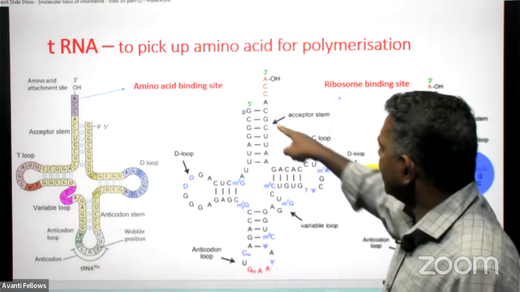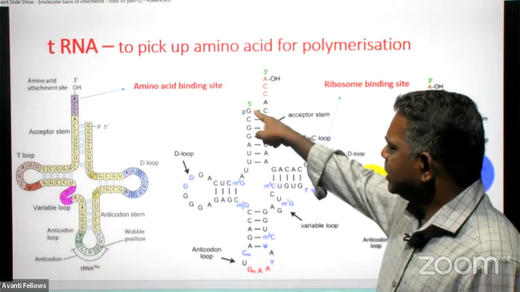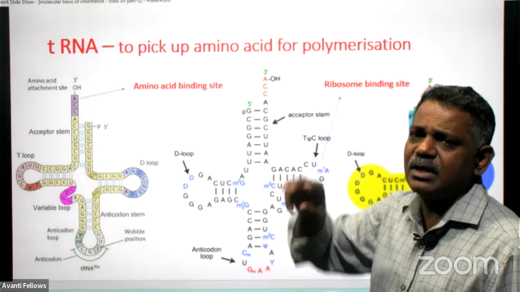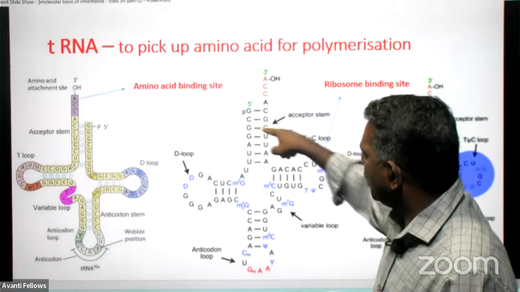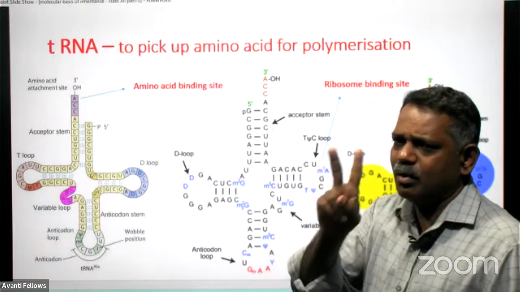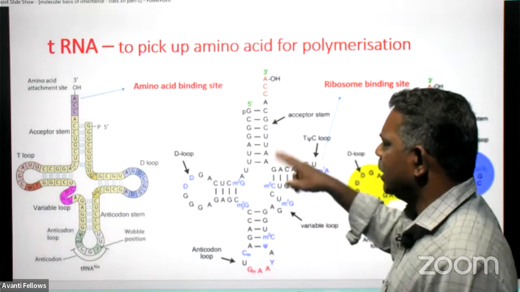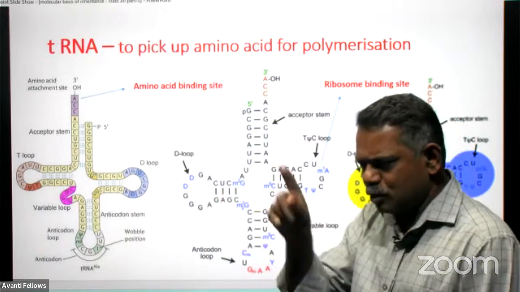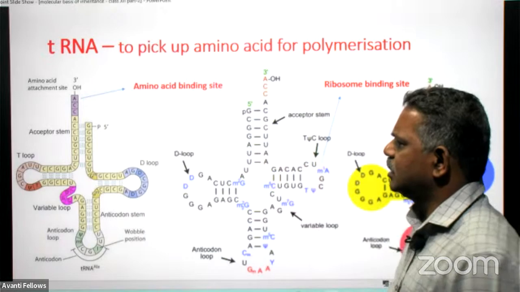So here we can find the bond between G and C, and it is a hydrogen bond only. How many hydrogen bonds between C and G? 3 hydrogen bonds. And here we can find the bond between A and U. How many bonds? Only 2. Here U and A, 2 bonds. In case of DNA, instead of U, T will be there. T and A, 2 bonds.